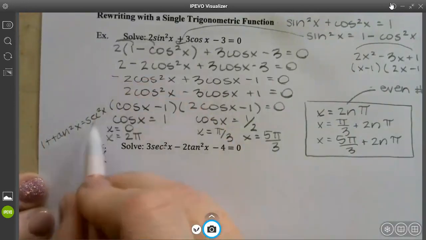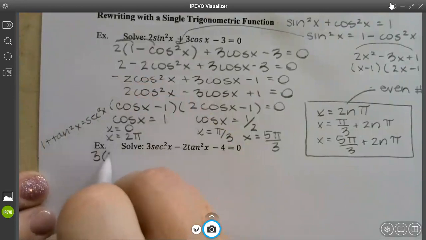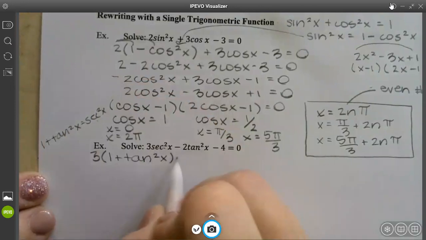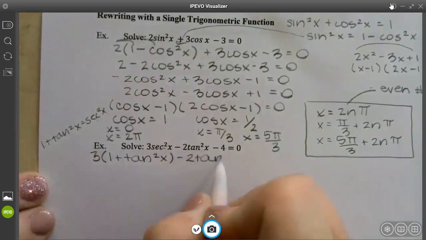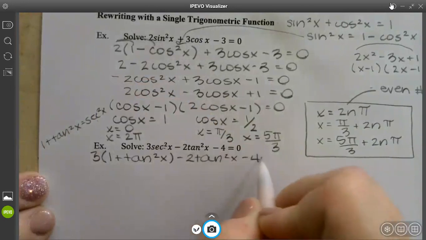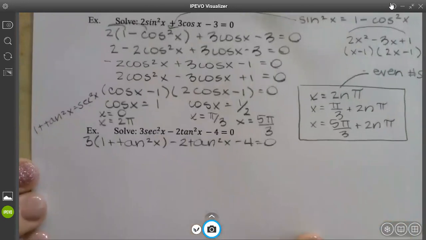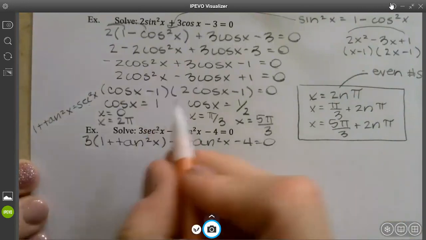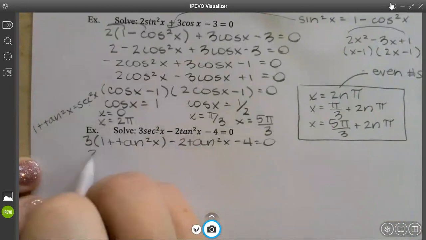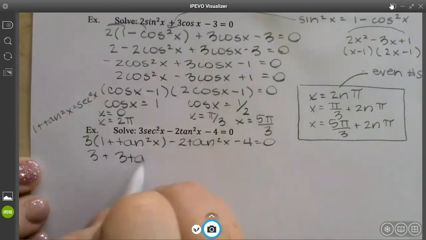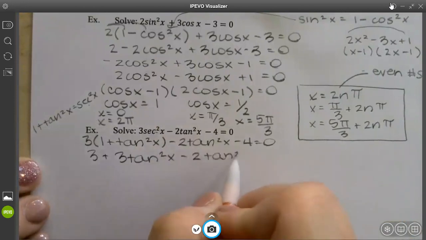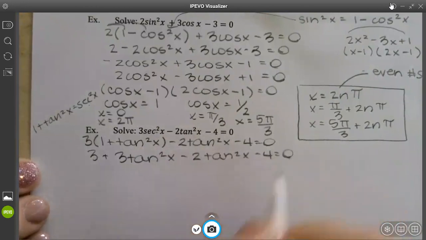So we're going to change secant squared into what? 1 plus tan squared x. And then we have minus 2 tan squared x minus 4 equals 0. What do I do? Distribute, and I get minus all the rest of it, 2 tan squared x minus 4 equals 0.